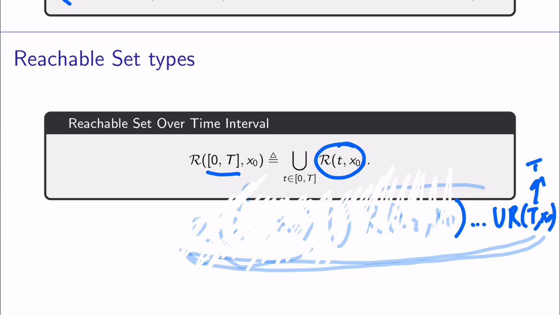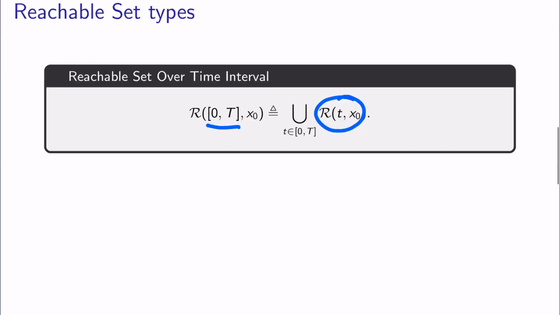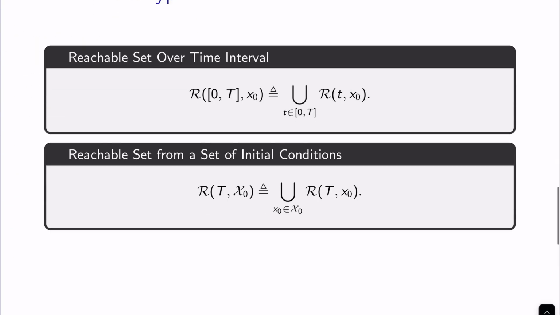We have one more definition that is related to that. Let me get another color just for fun. Here we had the time interval and a point, and here we again have some t, not a time interval, and a set of initial points.